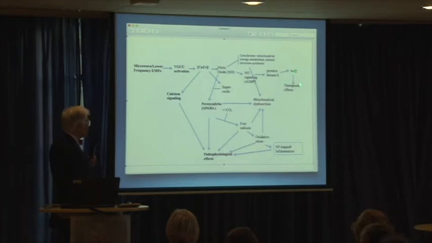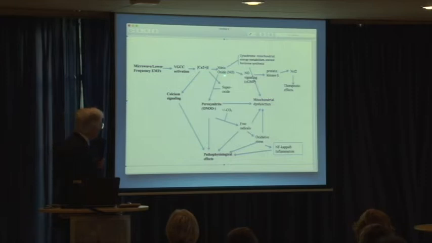And this produces therapeutic effects. So you can get genuine therapeutic effects from the EMFs, as well as these pathophysiological effects. They occur under different circumstances. Generally, when you have modest increases, you get a lot of that. When you get much higher increases, you get a lot of that.